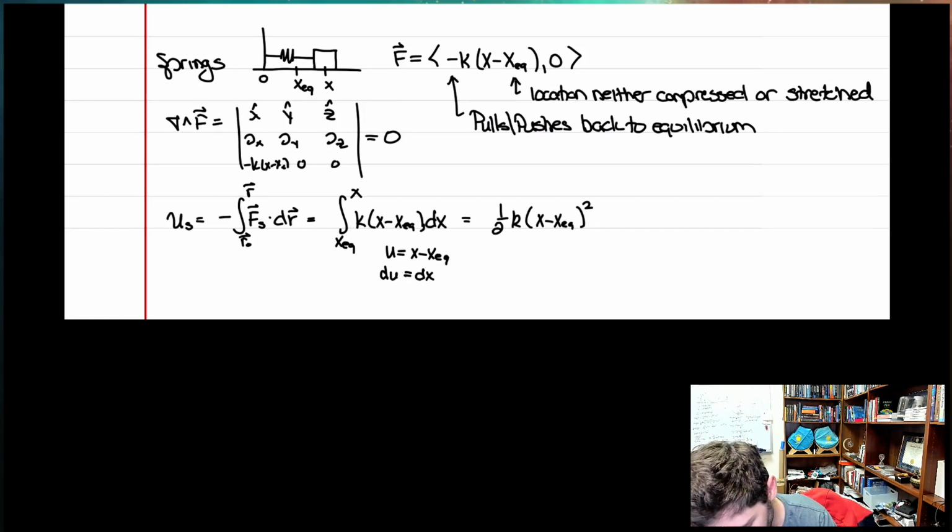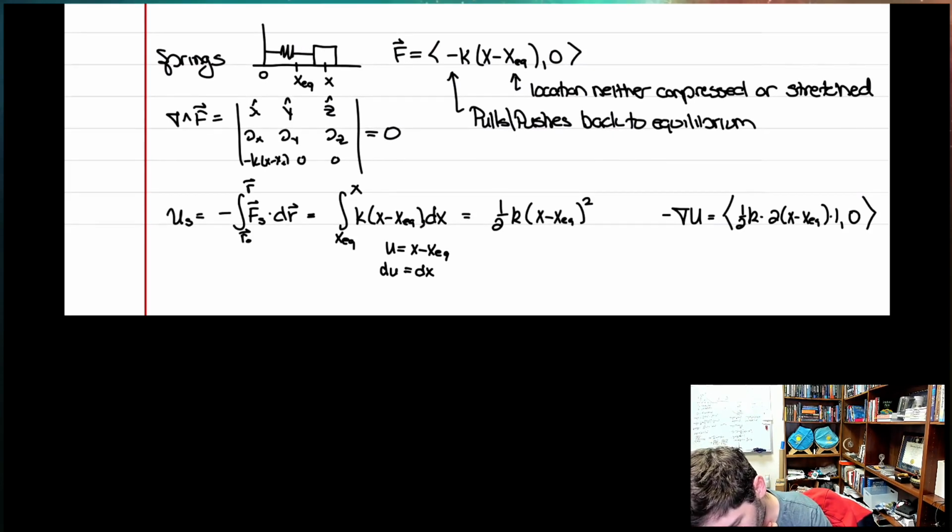And again, as a sanity check, if I take the gradient of this function, well, in the x component, I'm going to take the x derivative, so it's going to be 1/2 k, then the x derivative is going to pop down the 2, times (x minus x equilibrium); by the chain rule, that pops out a 1, so that doesn't matter. And there's nothing in the y.